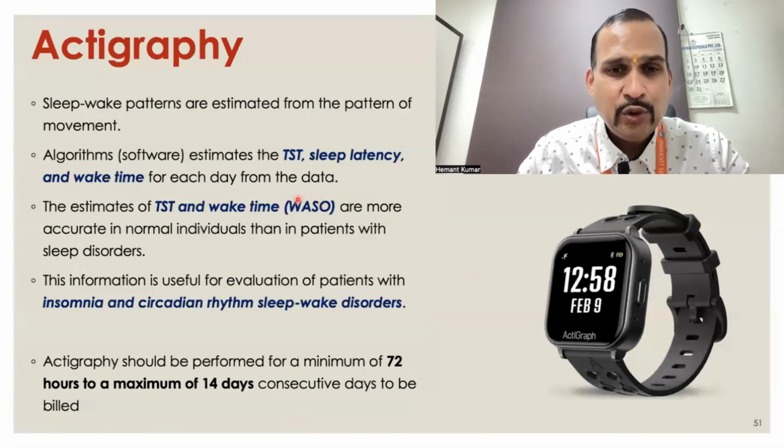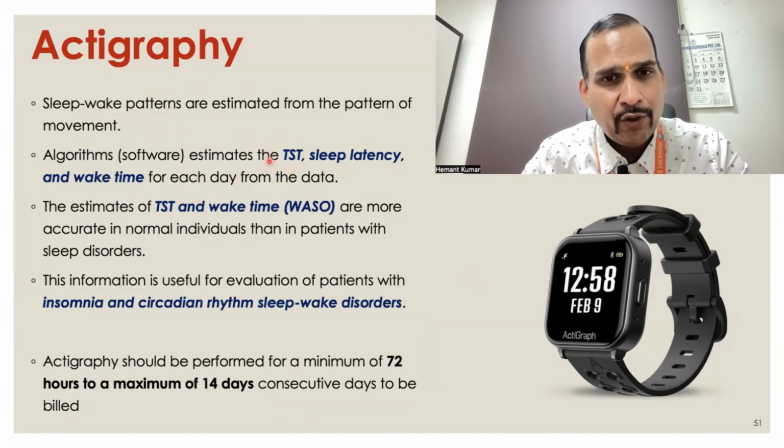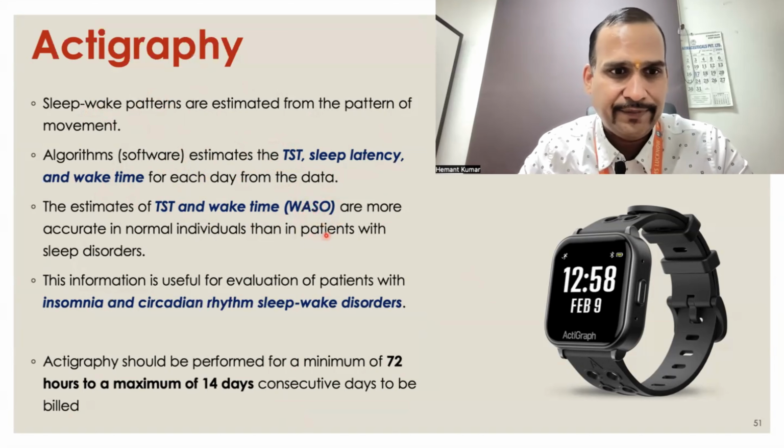It will tell you about the sleep-wake pattern, when you are sleeping, when you are getting up at night, how many times you got up, because it measures movement. By this it will tell about total sleep time, sleep latency, and wake time, how many times you woke up at night, like wake after sleep onset.